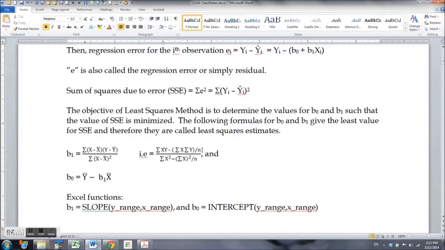These formulas are already available to us as Excel functions: SLOPE for b sub 1 and INTERCEPT for b sub 0. Each of these two functions requires the y range, comma, x range as the arguments. Now let's look at an Excel example. We'll calculate b sub 1 and b sub 0 for the pizza parlor example.